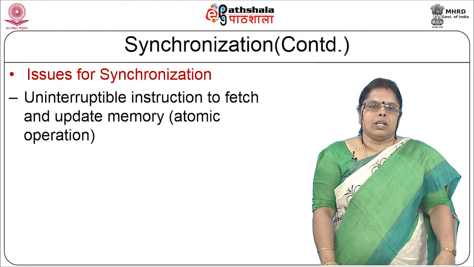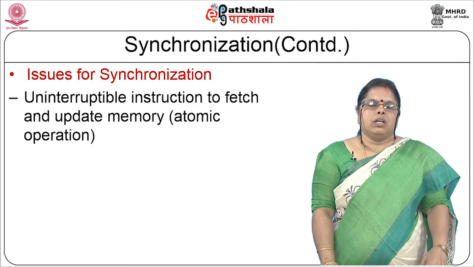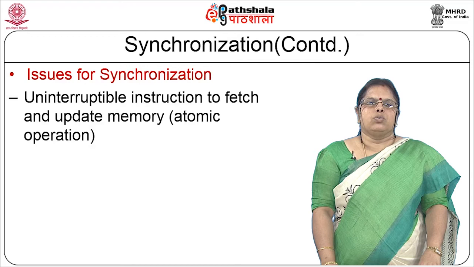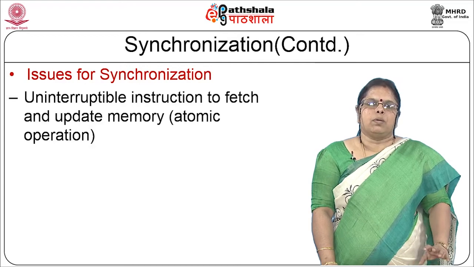When you look at synchronization, there are certain primitives that the hardware provides, and using these primitives we normally write synchronization routines for users to use. So, the hardware has to provide some primitives.